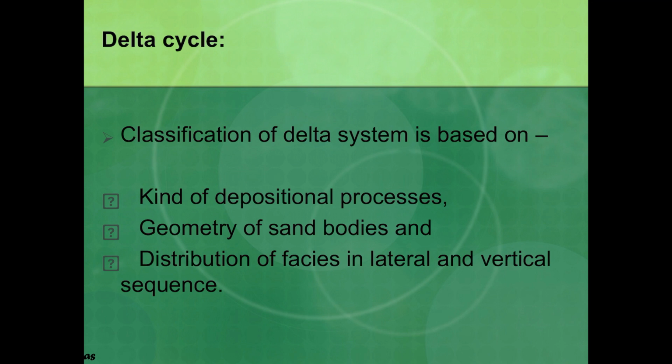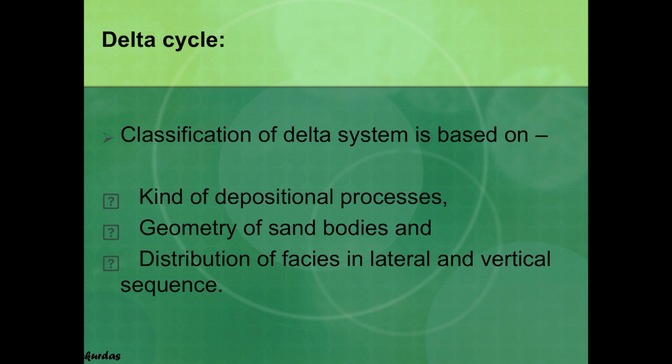So although barrier bar, tidal flat, lagoon, tidal inlets, ebb tide delta, flood tide delta are part of a delta system, these environments are also studied under strike fade system, since the deposition of sediments here is parallel to the coastline. So when we begin with the strike systems later on, we are again going to see these environments in detail.